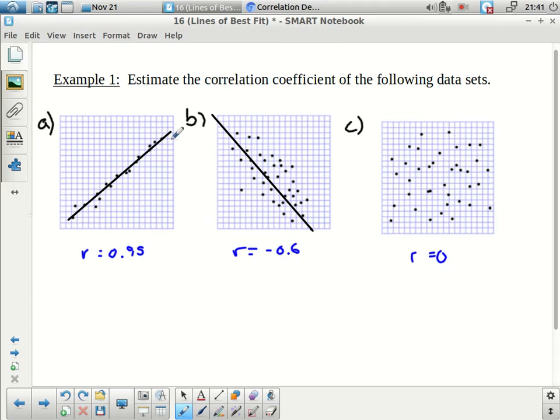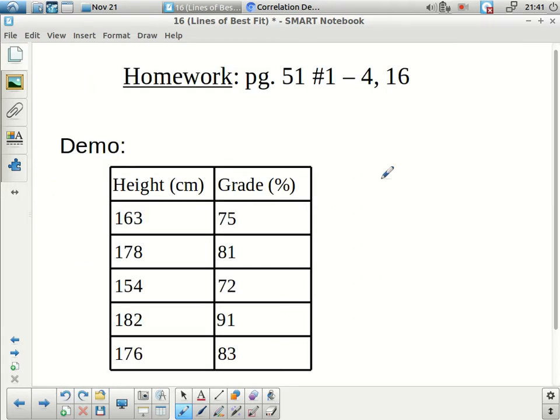Now, you might be asking yourself, well, that's nice, but how do I actually get this number? You could do it by hand in theory, but realistically, you want to do this with technology. Here are some practice questions up here, but I'm going to do a demo of how to do correlation with technology for you.